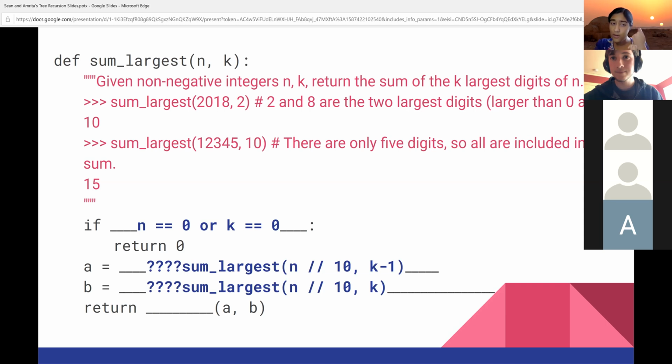Then look at 0. My largest sum so far is 2 plus 0, which is 2. Then if I look at 201, the largest sum I've seen so far is now 3, which is 2 plus 1. And if I look at 2018 as a whole, we've now incorporated 2 plus 8, which is 10. So we're working our way, one digit at a time, and thinking about whether that largest sum changes or stays the same.